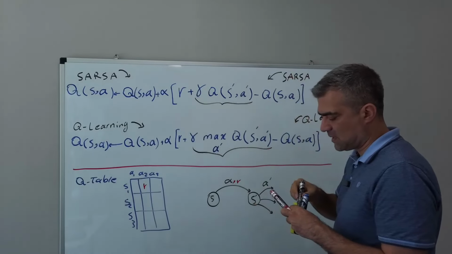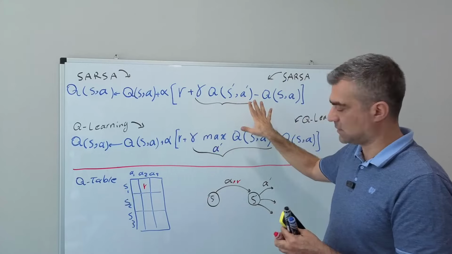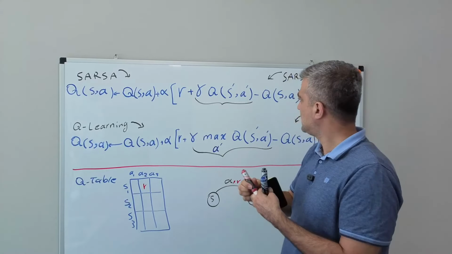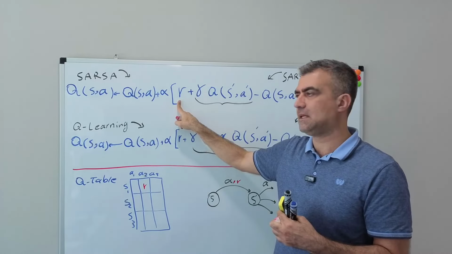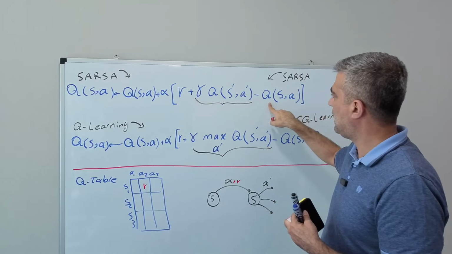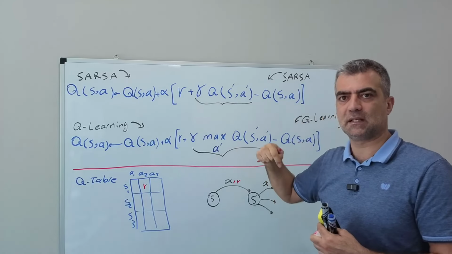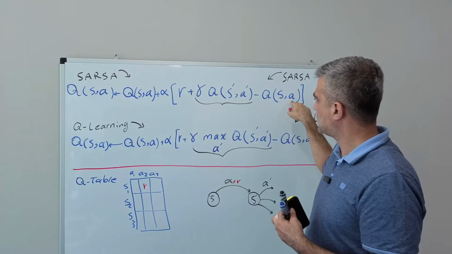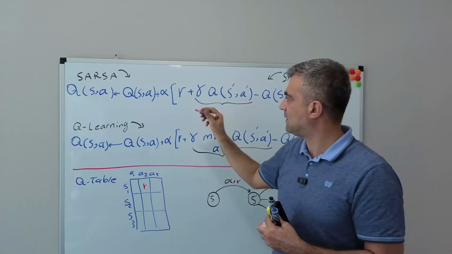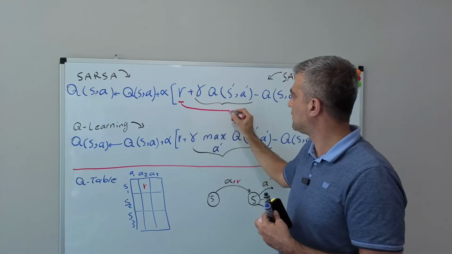Let's for now imagine that they don't exist. Let's concentrate just on R, the immediate reward, and on Q, which was the recorded reward of taking action A in state S. Let's concentrate on just these two.